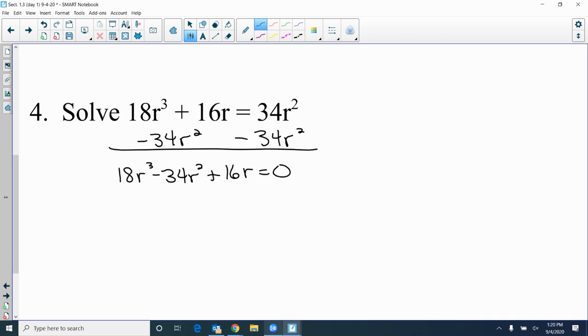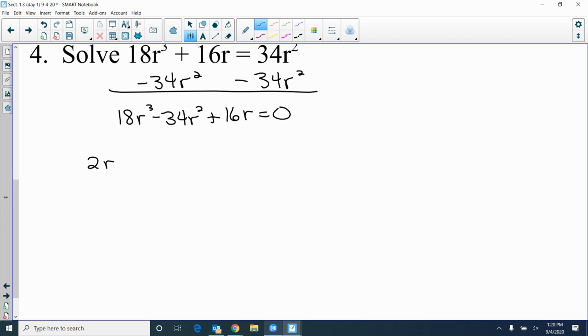All right, it has a GCF. Take that out. All right, Landon, what do you think our GCF is? 2r. Good, 2r. Take that out. 2r, and then that gives me 9r squared minus 17r plus 8 equals 0.